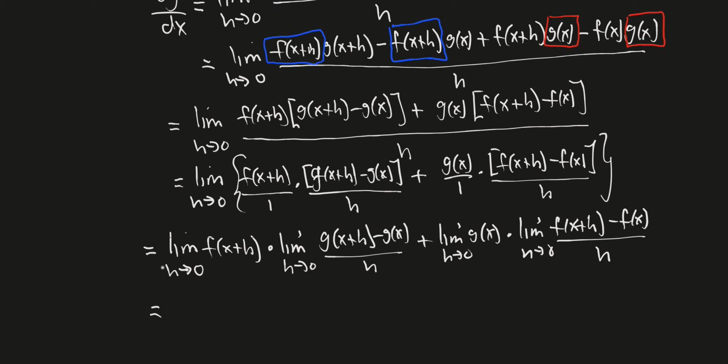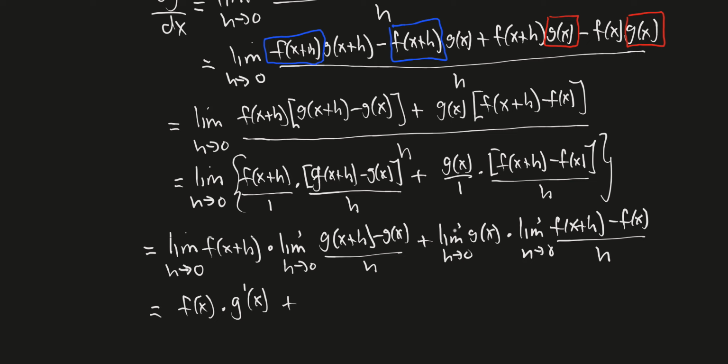Again, by continuity, I can evaluate this at h equals 0. So the first factor here is just f of x. The second factor, because we know that g is differentiable, this is g prime of x. This is the definition of g prime of x.